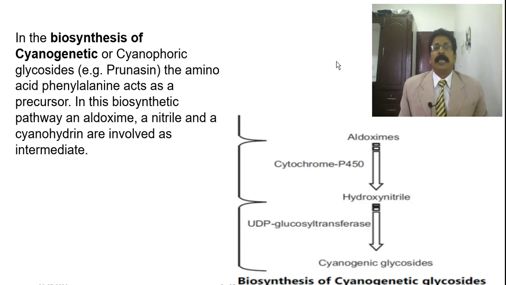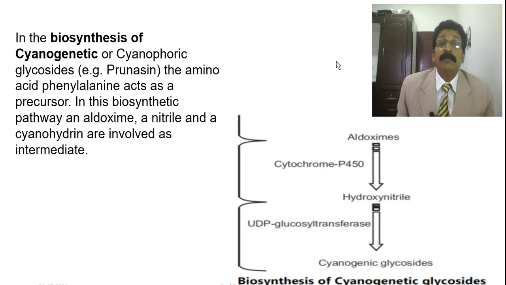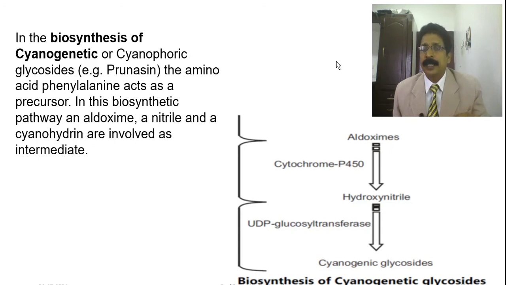So, in biosynthesis of cyanogenic or cyanophoric glycosides, example prunasin, the amino acid phenylalanine acts as a precursor. In this biosynthetic pathway, an aldoxime, a nitrile and a cyanohydrin are involved as intermediates.